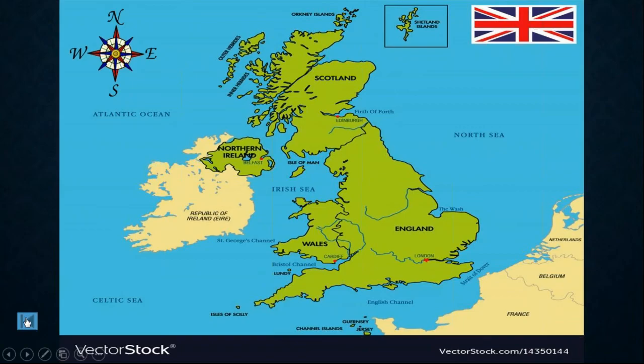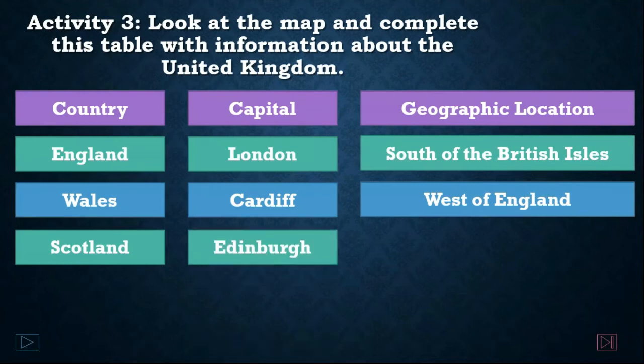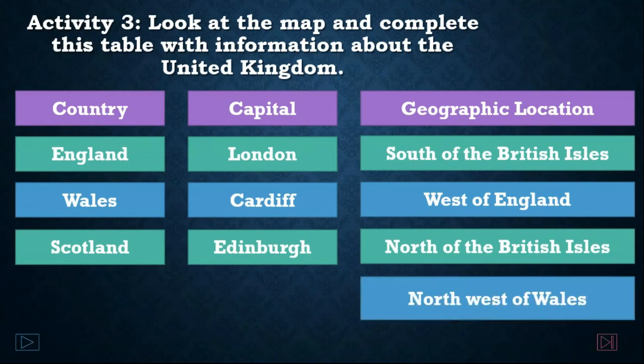Of the British Isles. Very good. So we got Scotland, the capital is Edinburgh, and it's in the north of the British Isles. Right. The last one is on the northwest of Wales.